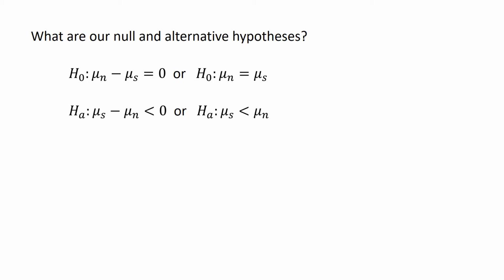So when you subtract that smaller number minus the bigger number, you'll get something less than 0. Or we could also phrase it, the alternative hypothesis is that mu s is less than mu n. Either way is fine, whatever makes you happy.